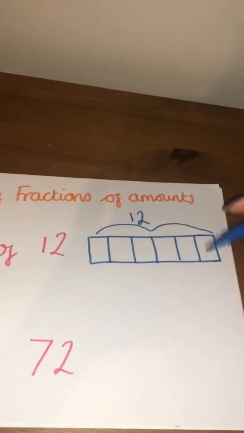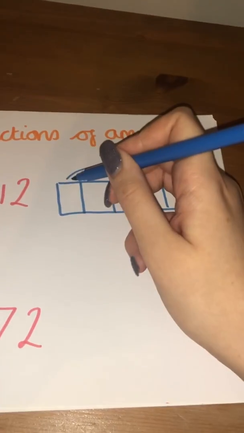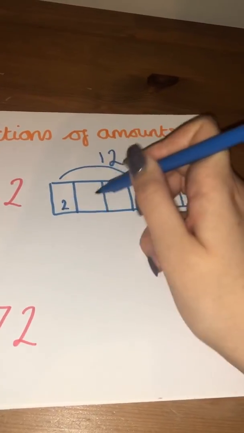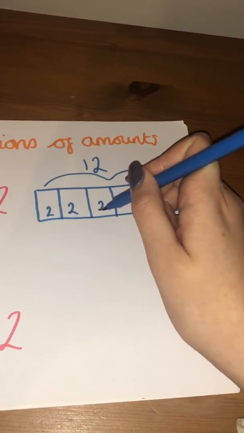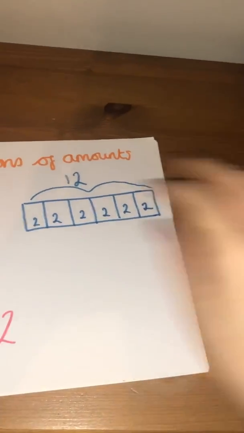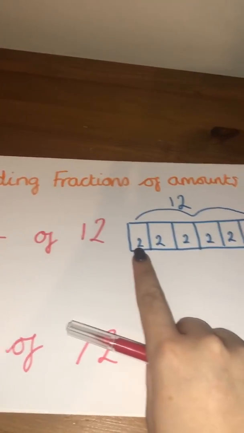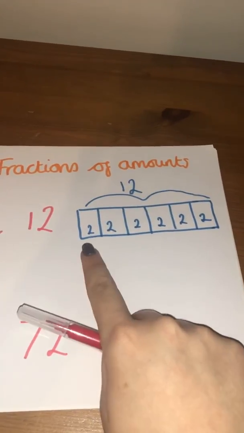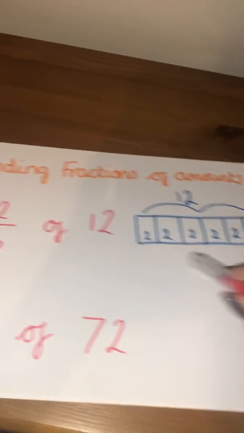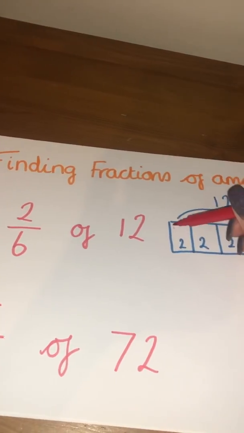So I know that if I divide 12 by 6, I am going to have 2 in each of those pieces. So if I wanted to find out 1/6 of 12, that would give me an answer of 2. But the question asks me to find 2/6.